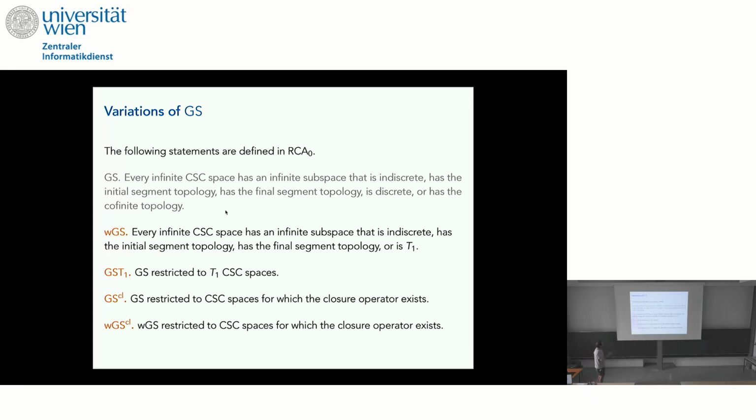And then, for technical interest, we can also look at versions of both of these, WGS and GS, where we decorate with the CL superscript, where we mean that the input, or the instances, are not just an infinite CSE space, but an infinite CSE space together with the closure operator on points, which required a jump, or one quantifier to define, in the previous slide. Okay.